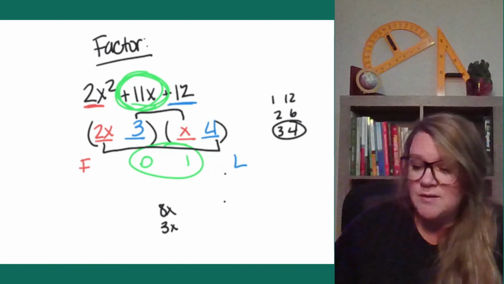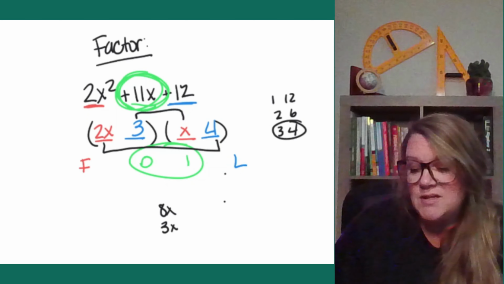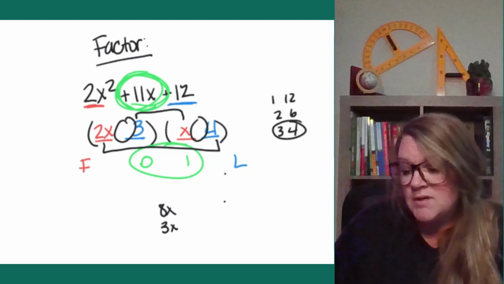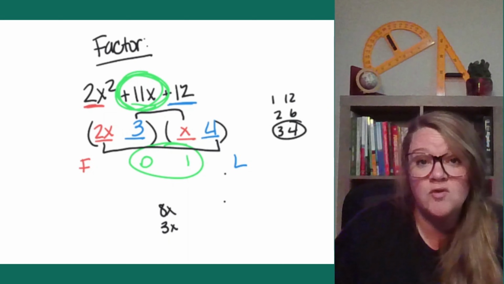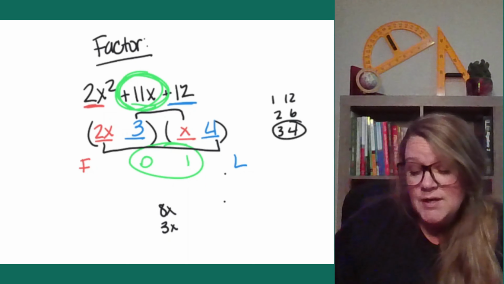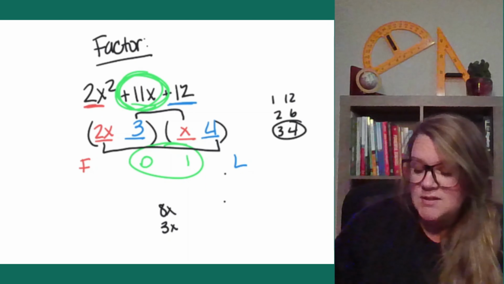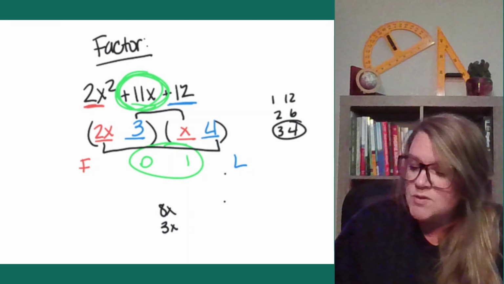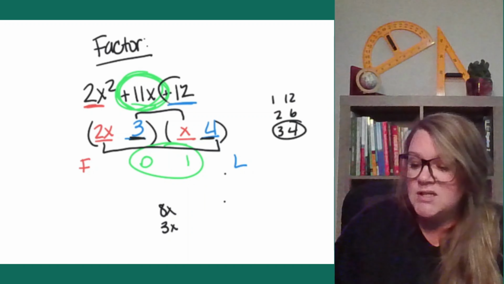Now I just have to get my signs in between these two, my sign right here and my sign right here. I have to get those in there. They can either be subtracting or they can be adding. So I like to go to my OI step to decide which one they're going to be. So first thing I know is that when I multiply the 3 times the 4, I have to get a positive 12.